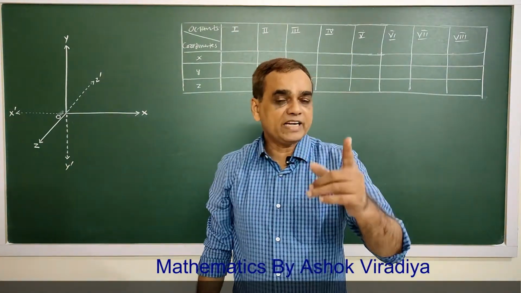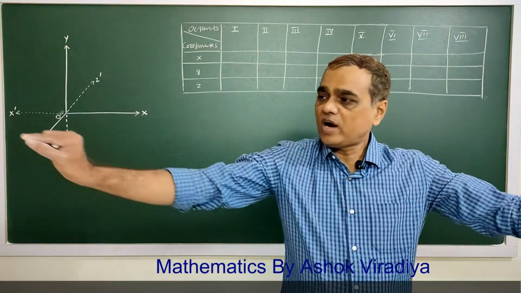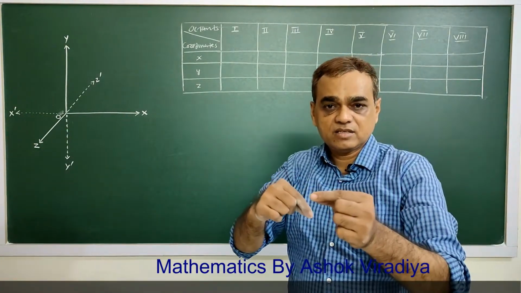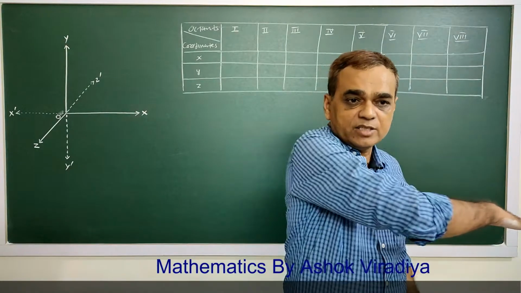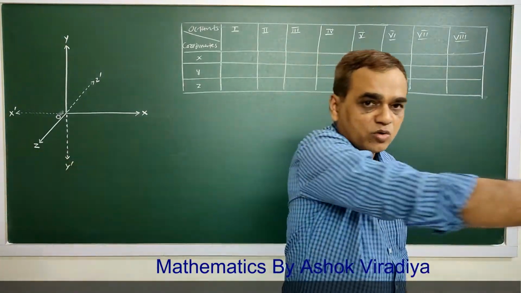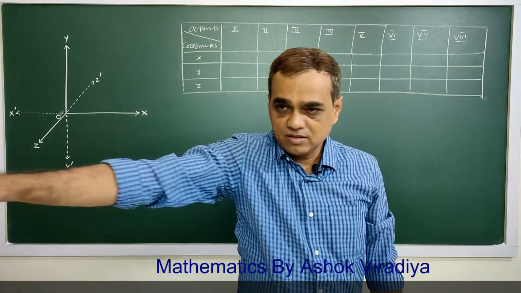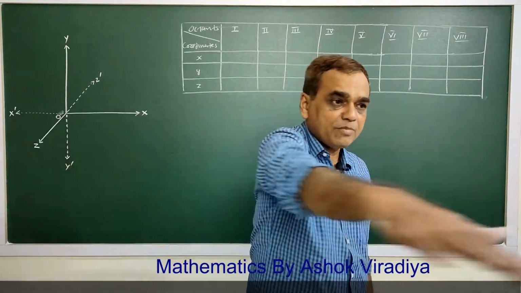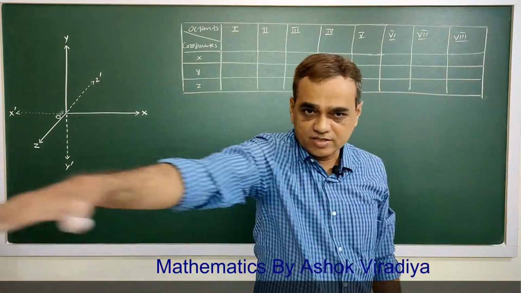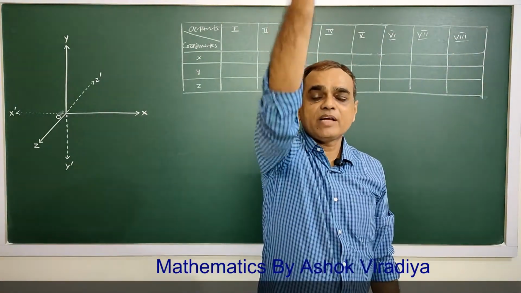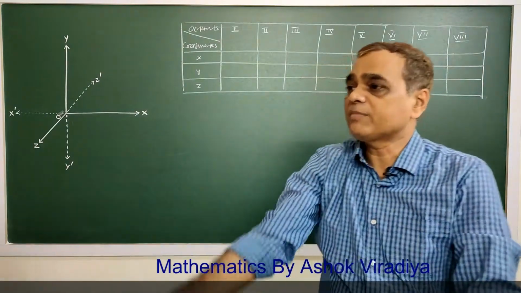Now the third plane: this wire is the x-axis, this wire is the z-axis. So this will be the XZ plane. Consider the XZ plane as the third curtain. So overlap these planes with curtains. This is the XZ plane, this is the YZ plane, this is the XY plane.